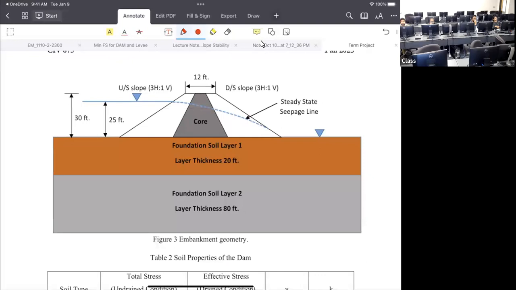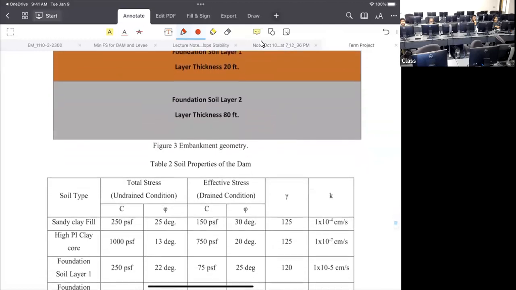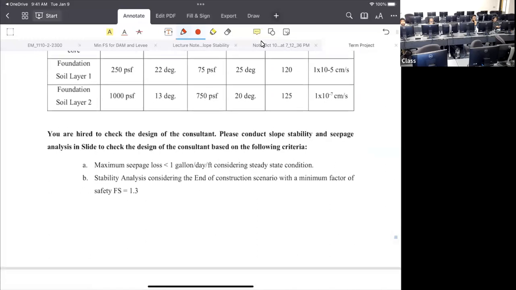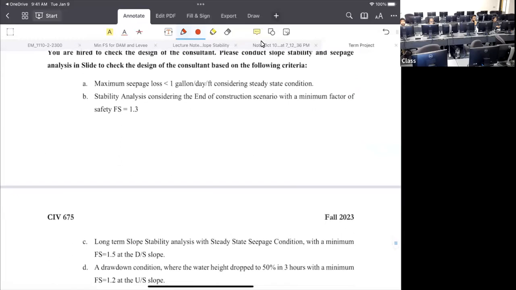But this part is not hand calculation. You just need to create your own profile, and you have to run and do the actual design using the software. You have to do all sorts of seepage and stability analysis and get all the cases, for the seepage and for the stability.